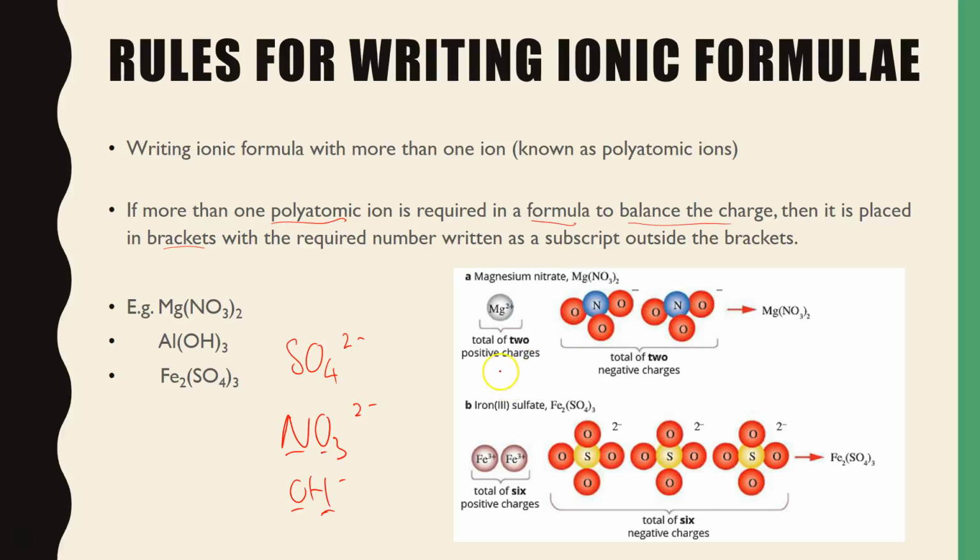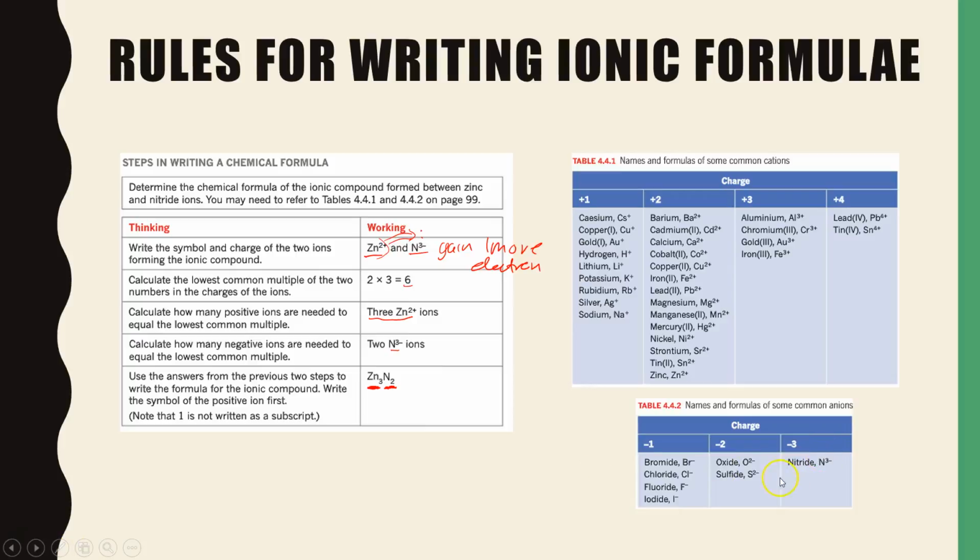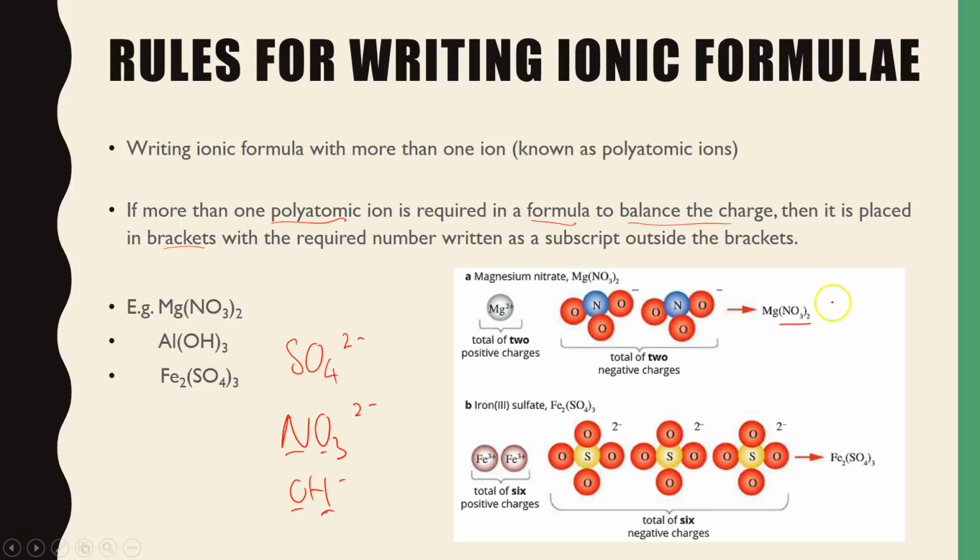So for example, let's do magnesium. Magnesium has a 2+ charge. We know nitrate, NO3, has a -1 charge. That's also listed on the table previously. Given that magnesium has a 2+ charge, you need to have 2 nitrates to gain those 2 electrons.